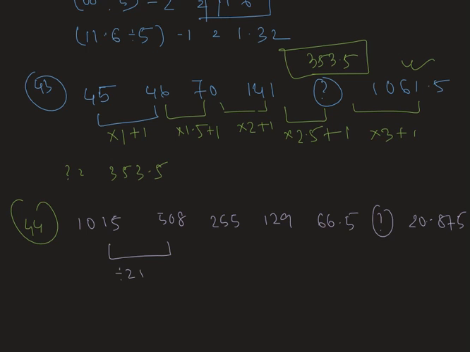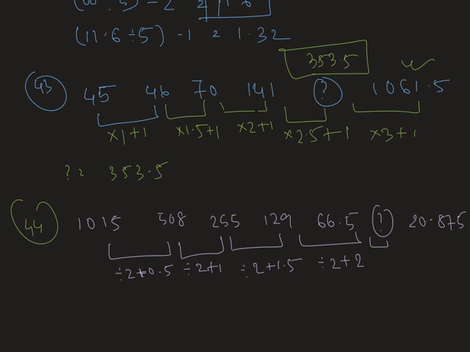If we divide 1015 by 2 then add 0.5, we get 508. Then if we divide 508 by 2 and then add 1, we get 255. Similarly, divided by 2 plus 1.5, we get 129. Divided by 2 plus 2 is 66.5.